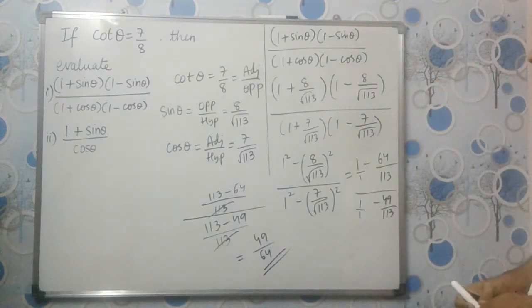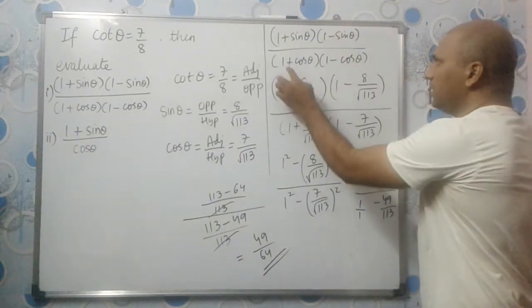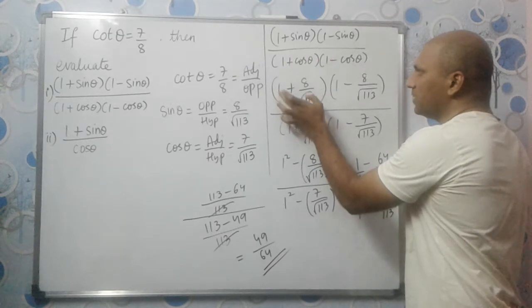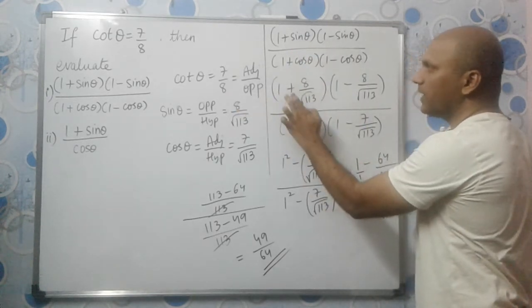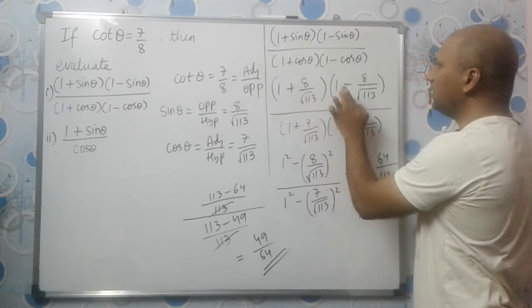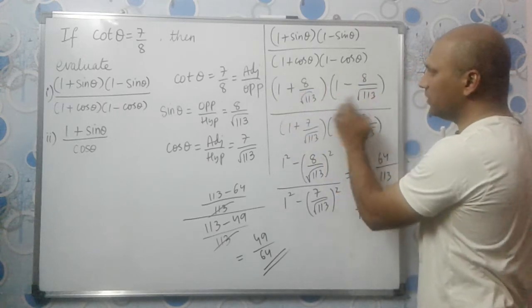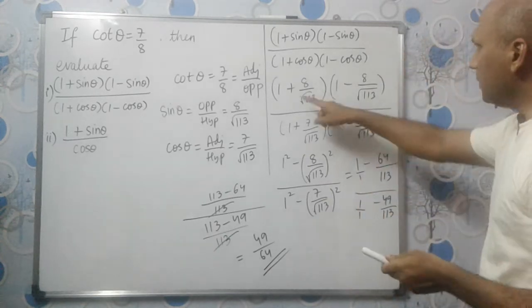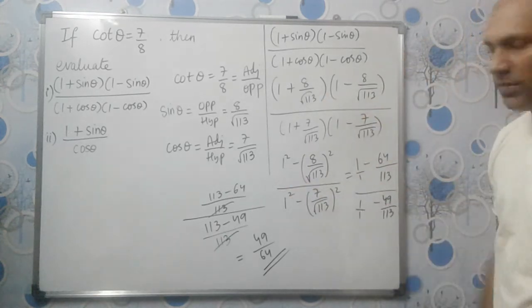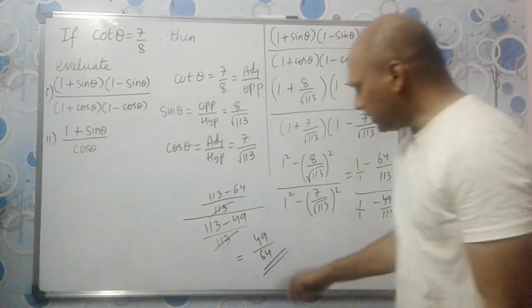I hope you understood this problem. A plus b, a minus b. We found sine theta and cos theta, and we substituted the values here: 1 plus 8 by root 113 multiplied by 1 minus 8 by root 113, 1 plus 7 by root 113, 1 minus 7 by root 113. We used a plus b, a minus b, and then we simplified. So 49 by 64.